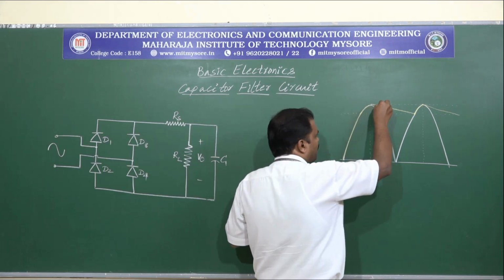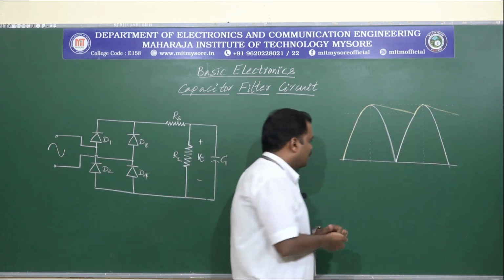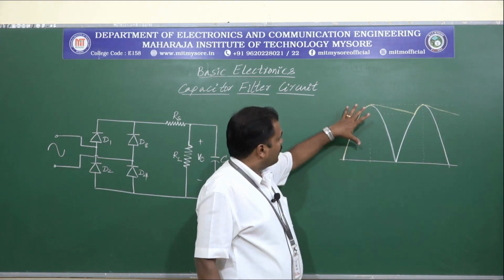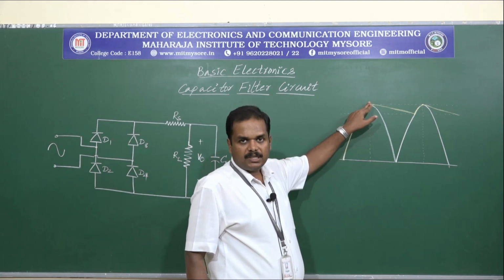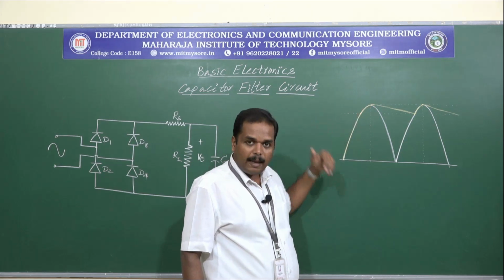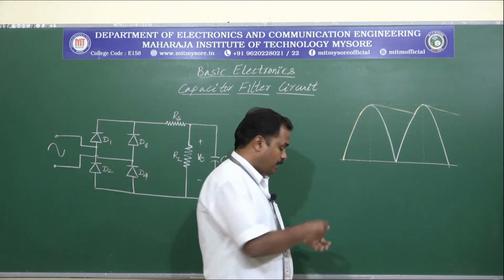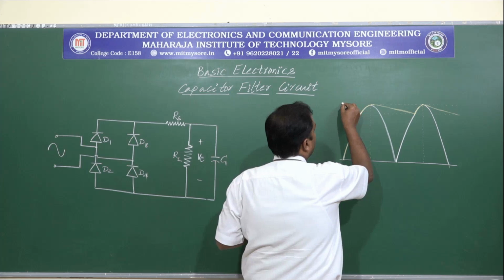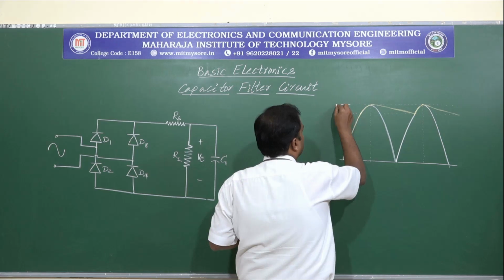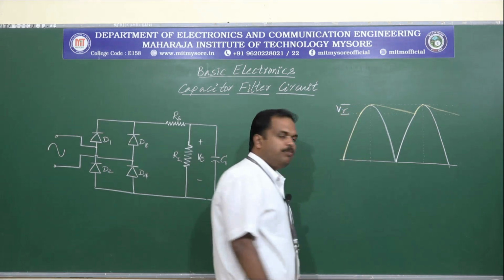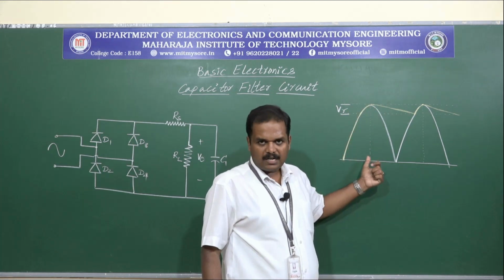If you look at this segment, earlier with the rectifier the peak to peak variation was from 0 to the peak output voltage, but now with the help of the capacitor we have reduced the peak to peak voltage. Ignoring the first cycle, the peak to peak voltage has now been reduced to this limit. So this is V gamma peak to peak, which is going to be considered the output of the filter circuit.